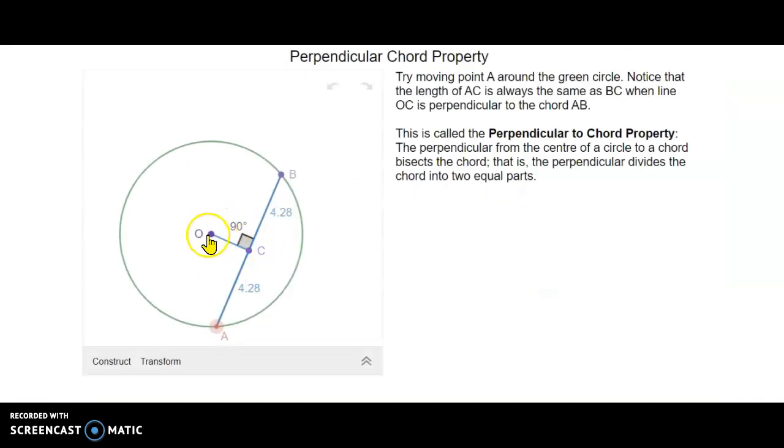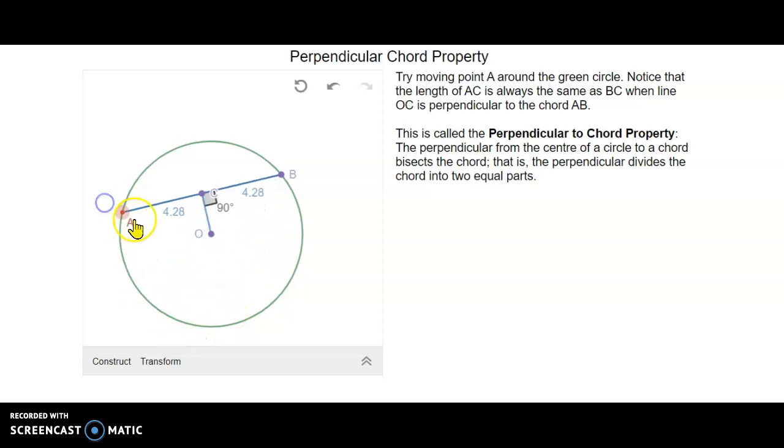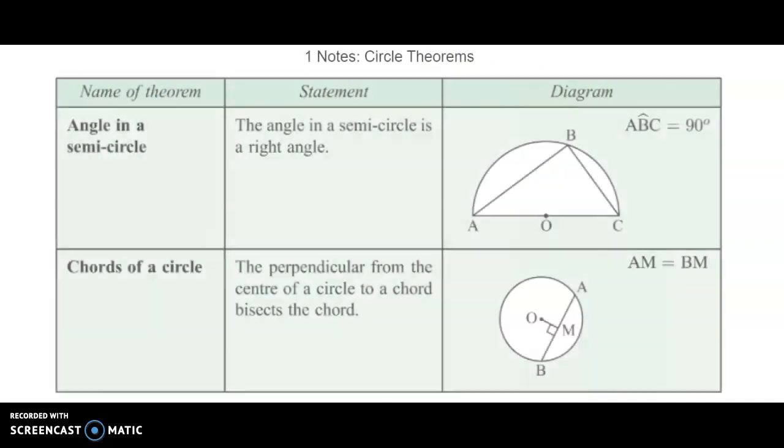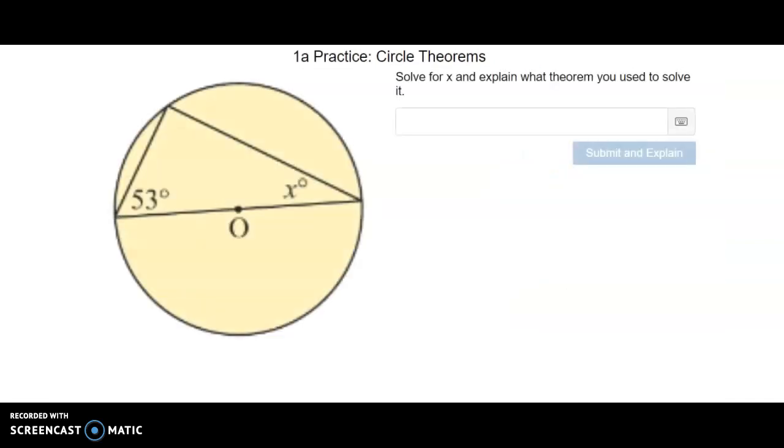So the perpendicular from the center of a circle to the chord here bisects the chord, dividing it by 2. You can move it around, and as you can see, it's still the same, 0.76 on both sides. Even if you make it really small, it'll be equal. It's easy as that. They're just telling you facts here. I want you to try this out.